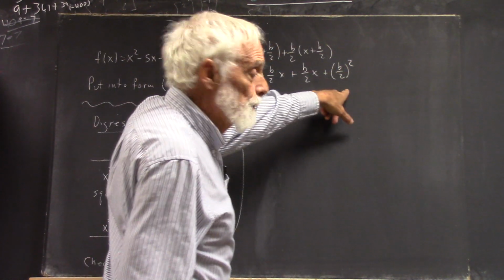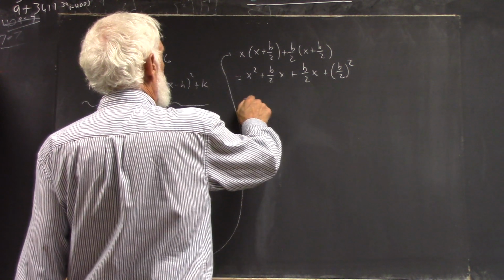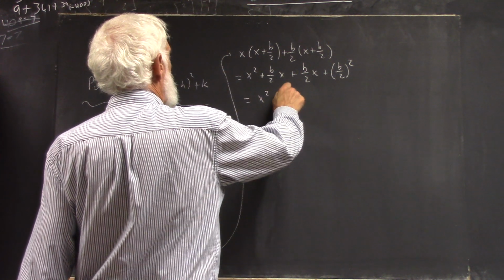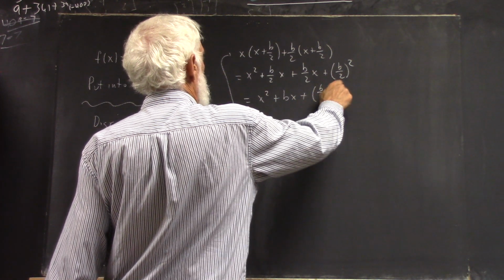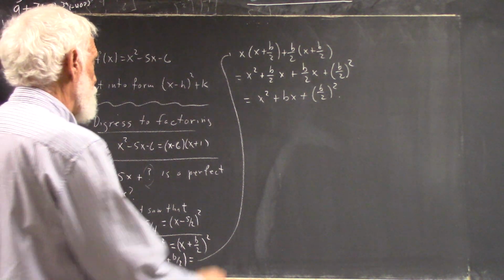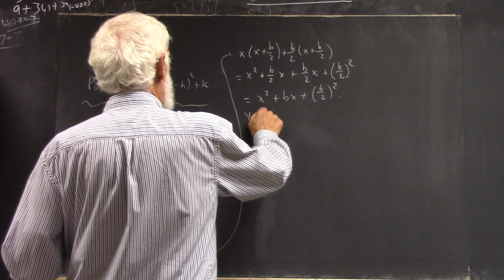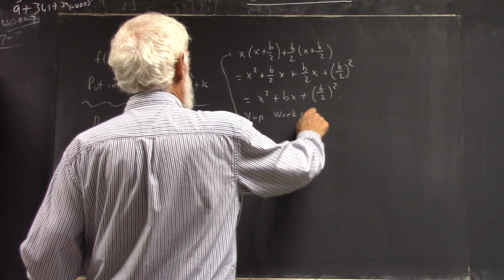And b over 2 times b over 2 is b over 2 squared. So that when you add these, you got it. So you can say here, yep, works out.